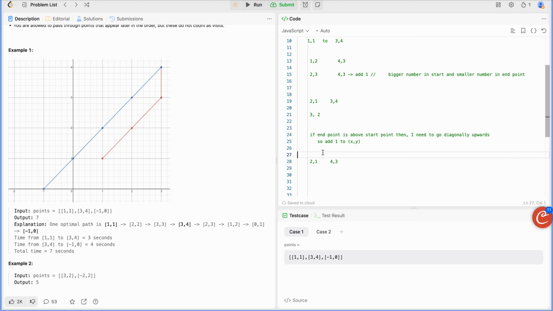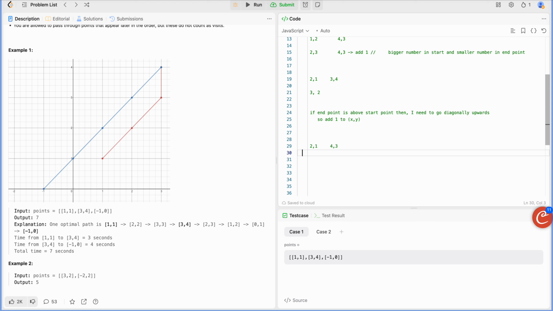And here also, since this end point is greater, I can just do 2 plus 1 is 3, 1 plus 1 is 2, so 3 2, and then 3 plus 1 is 4, 2 plus 1 is 3. Oh, this is just diagonal only.